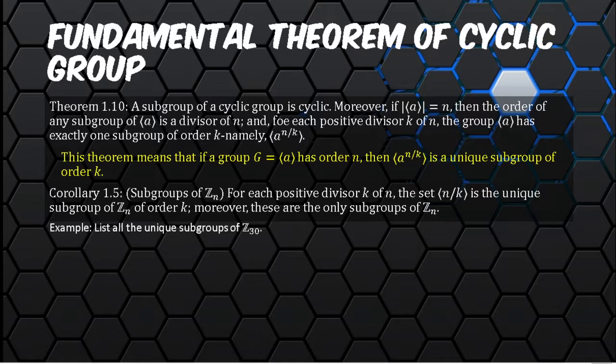So ano yung mga number na magdi-divide ng 30? Well, of course, the answer there is itself. We can start with itself. So 30 divided by 30 is equal to 1. That's n over k if k is 30. So the subgroup generated by that is 0, 1, 2 until 29.